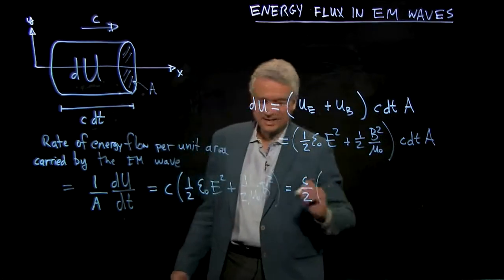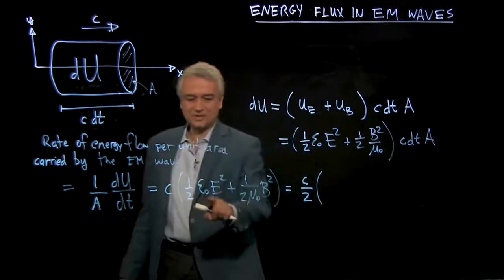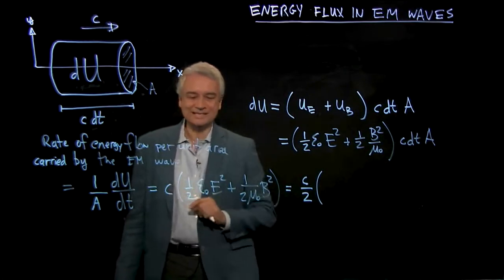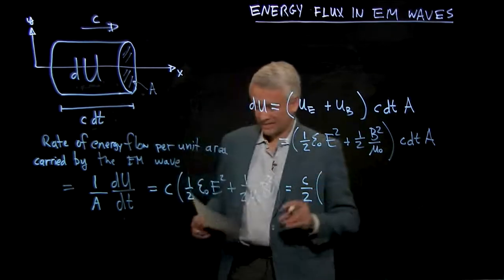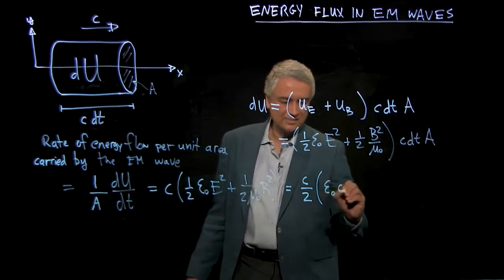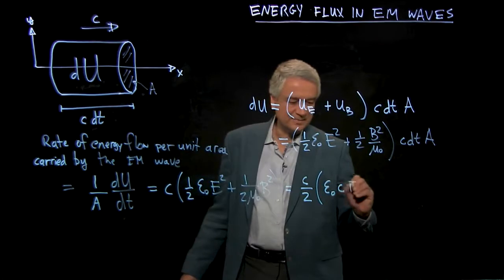And then here I have epsilon naught E squared. Well, I'm going to write one of those E's as B times C. And so that's going to give me epsilon naught times C times EB.